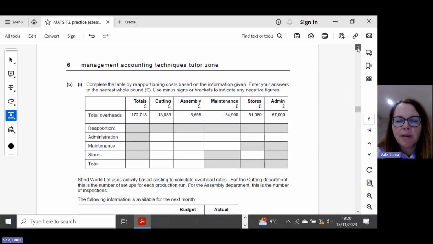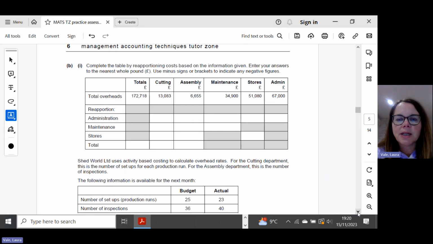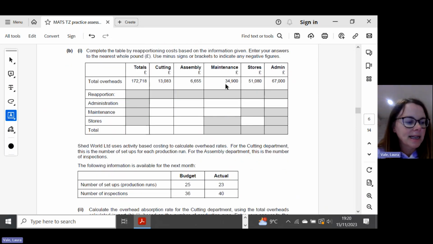So now we are reapportioning administration. We go back up and we see that administration is 50% cutting, 30% assembly, 8% maintenance and 12% stores. So all we need to do is get our maintenance figure. Sorry, not maintenance, admin. It's admin that we're doing first.